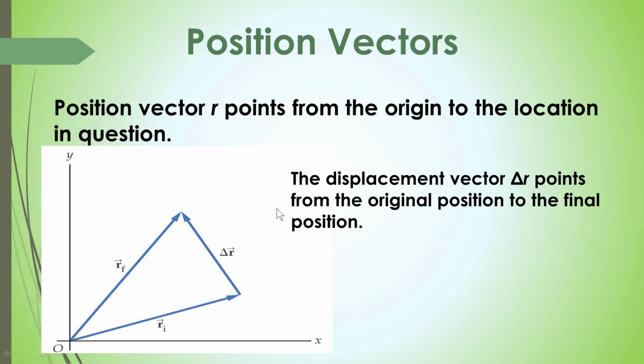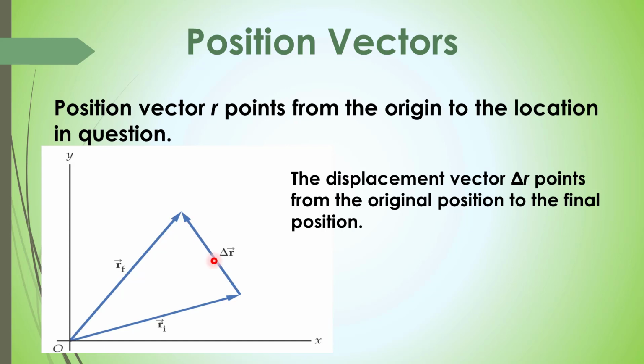So we can say that the position vector is drawn from the origin to the point which is asked in the question. If this point and this point are given in the question, then we have to draw a vector starting from the origin and ending at each point. These are the position vectors, and this is basically the displacement vector. Delta R is the displacement vector.